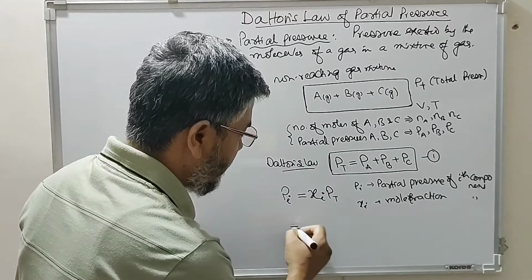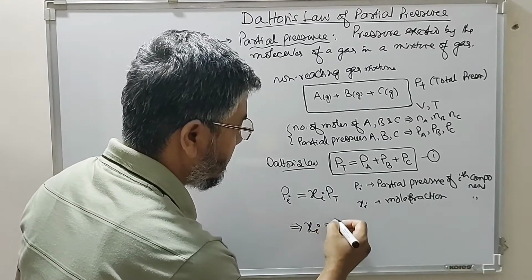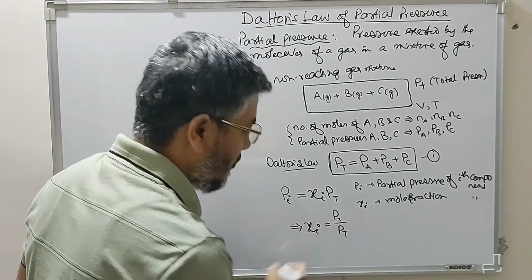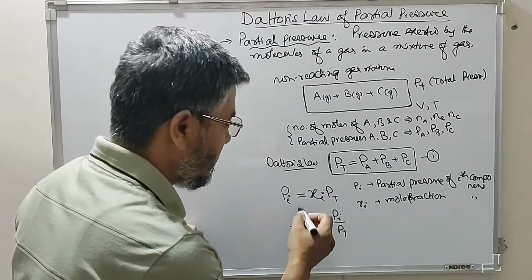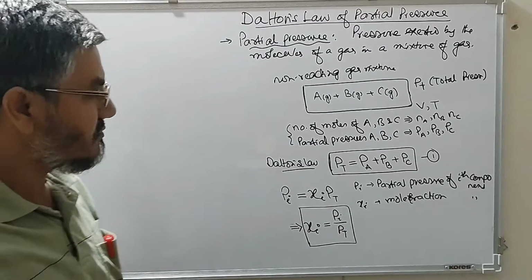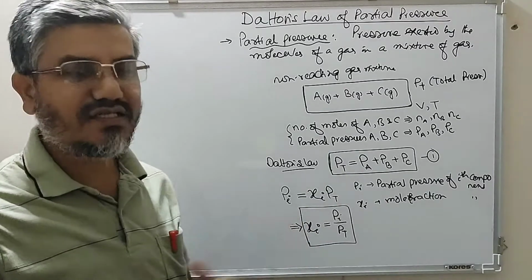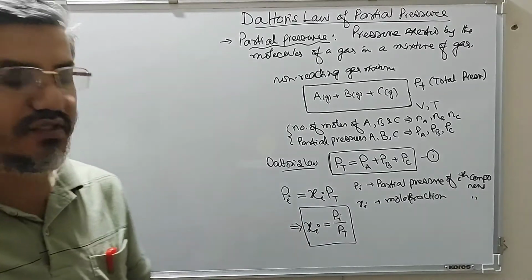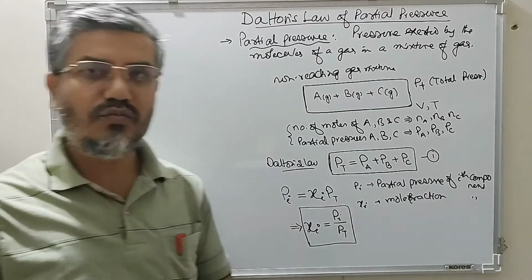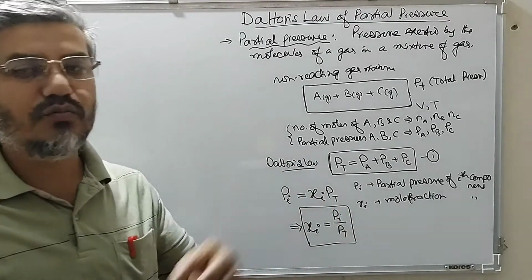Now from this we can define this mole fraction. So mole fraction is equal to partial pressure divided by total pressure. This ratio is defined as the mole fraction. In the first chapter, the basic concepts, we defined the mole fraction as number of moles of any given component divided by total number of moles.